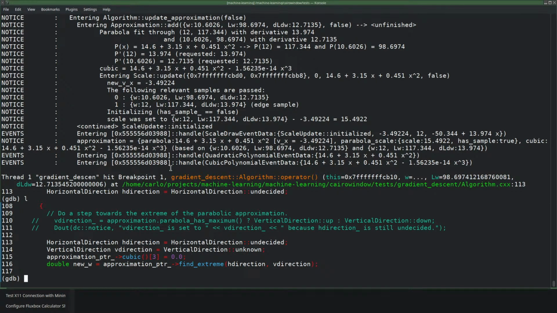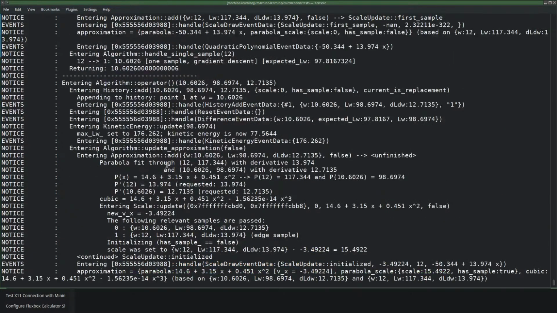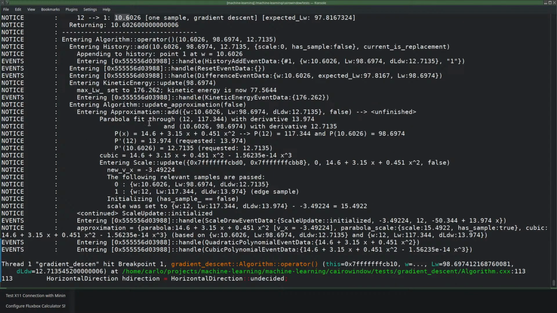Okay, this is after point 1 has been returned, so point 0 is at 12 and the next point is 10.6, so now we have a parabola fit, which is shown here. And then the cubic has a tiny itchy thingy there, but I set that to 0, so we get the same thing for the cubic.